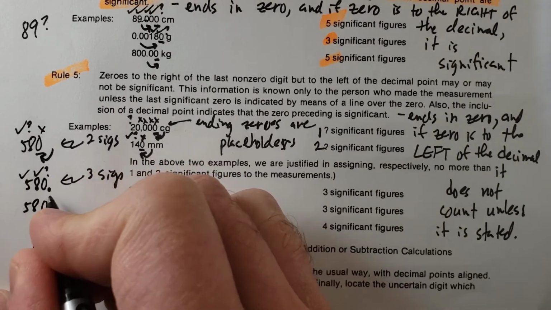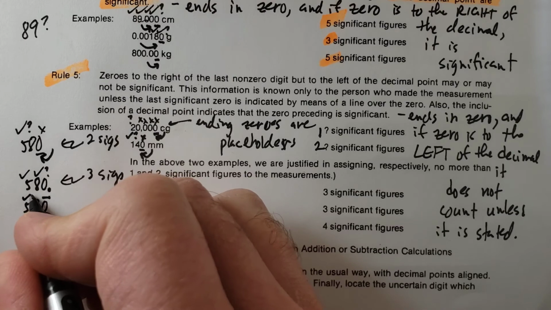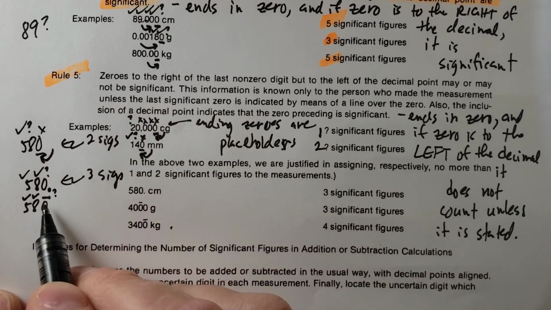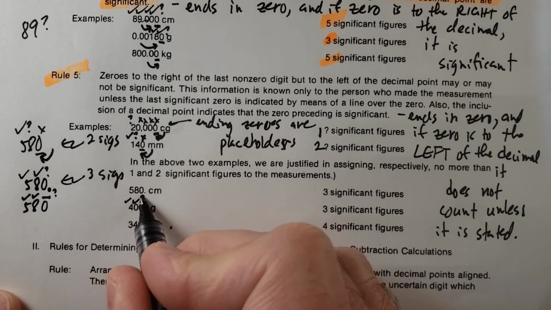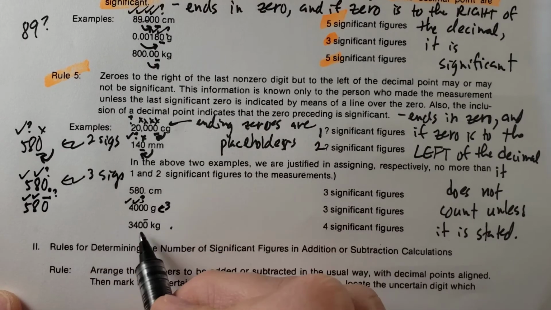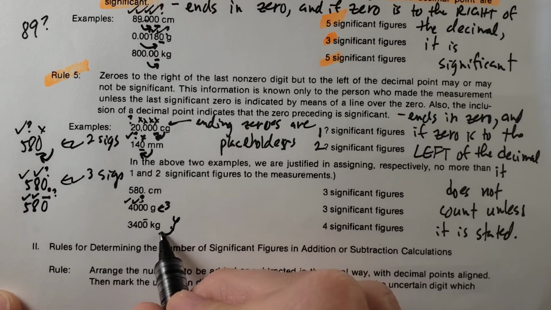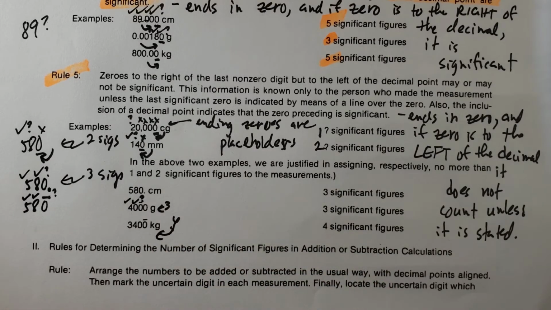Also, we could put a line over the 0. That indicates that whatever's below it counts. So like over here, 3 sigs here, 1, 2, 3, 4 sig figs. So the line indicates the ending significant digit.